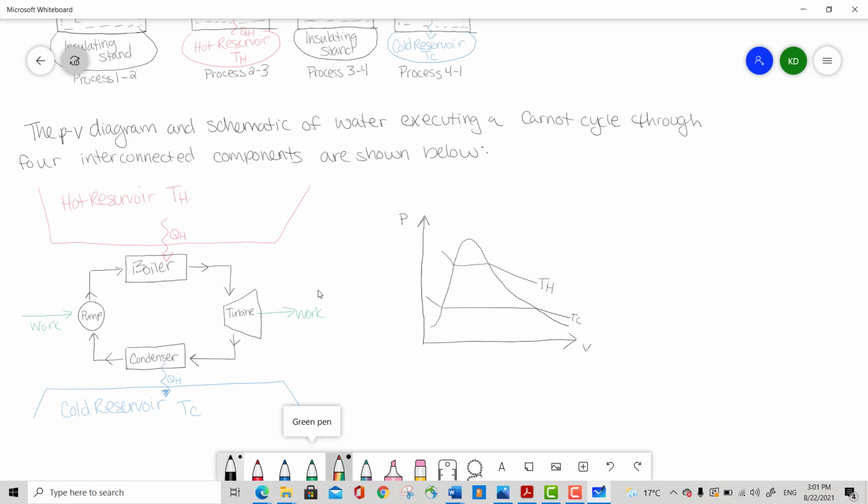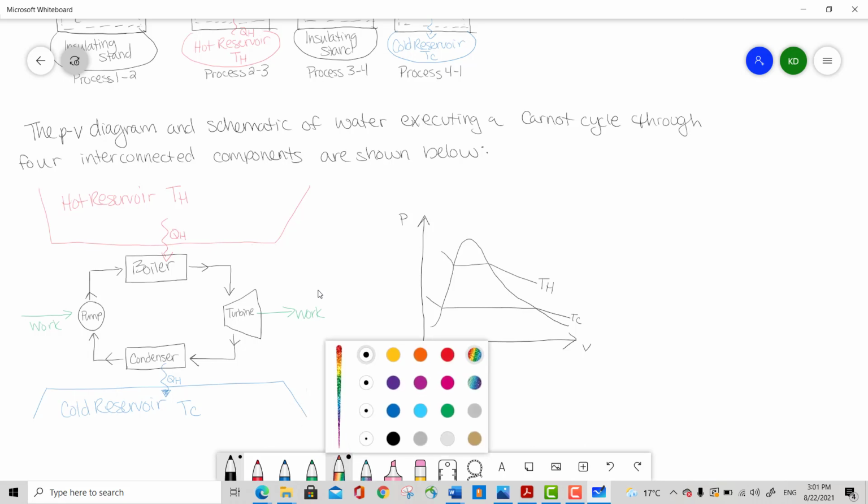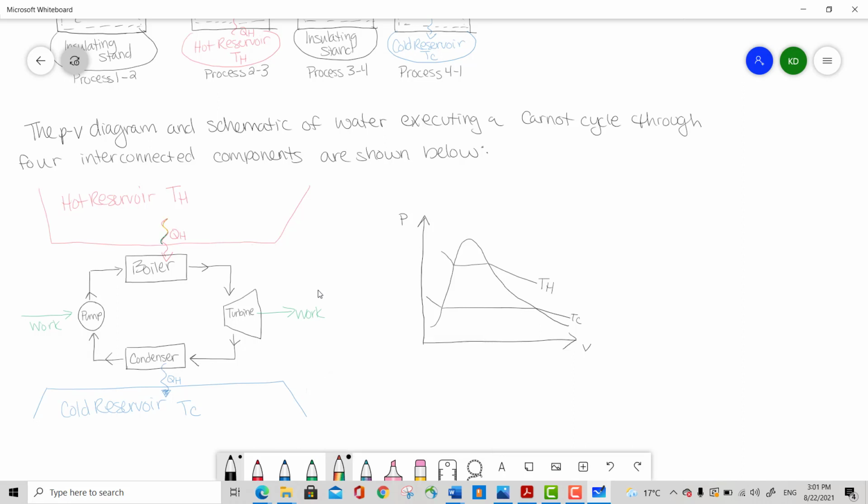So we have our hot reservoir with our heat transfer coming into our boiler, and then the boiler is sending through to the turbine that is expelling work, and then whatever is left is coming down into a condenser, which is going into a cold reservoir with a heat transfer of QC. And then coming out through the condenser, coming into a pump, which is also receiving work.